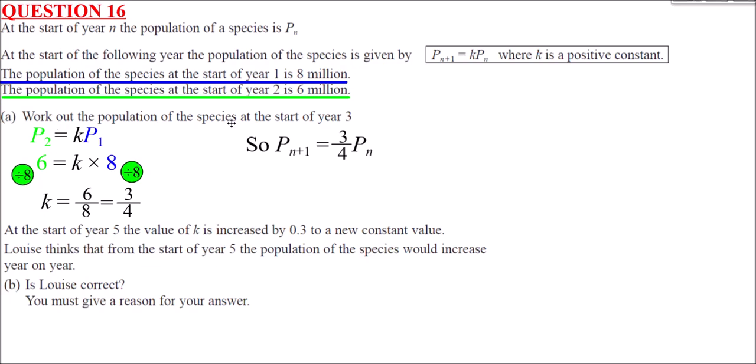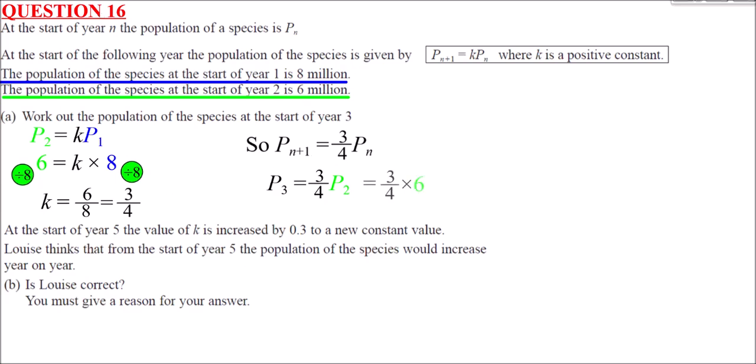So work out the population of this species at the start of year 3. And so P3 will be 3/4 of P2. So using the same formula again, this time going for P3, comparing it to P2, I just need to work out 3/4 of the population of year 2. So I do 3/4 of the 6 million.